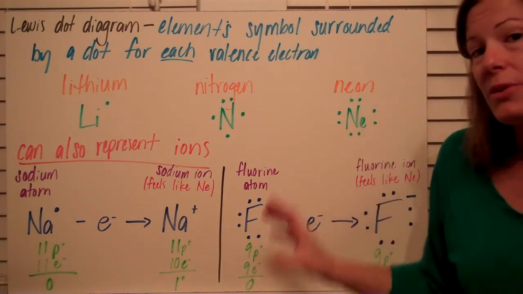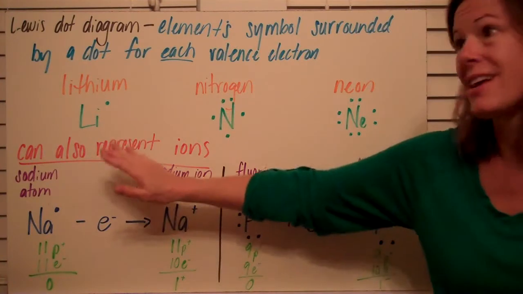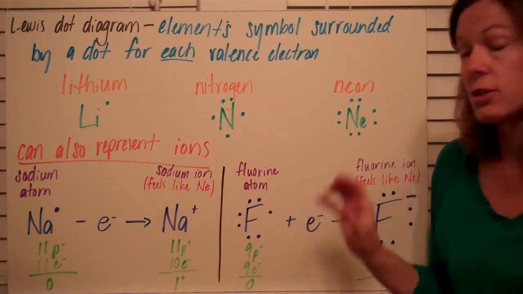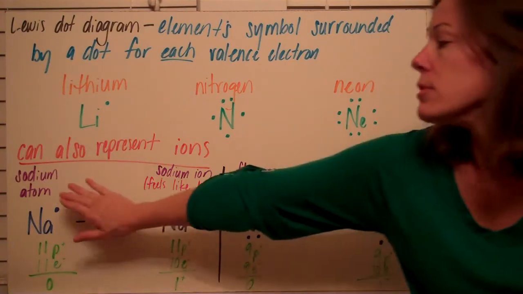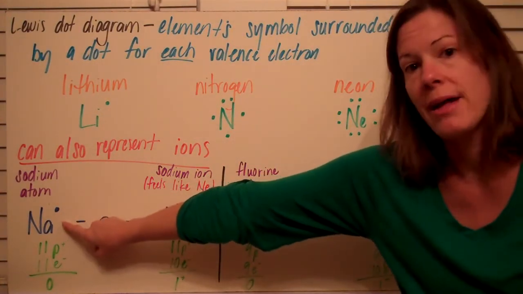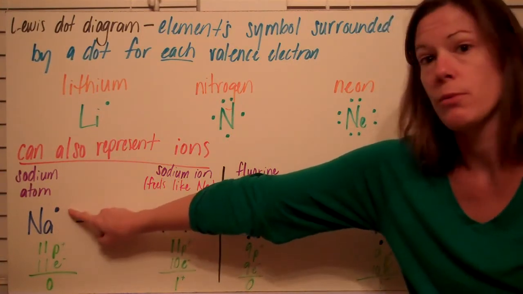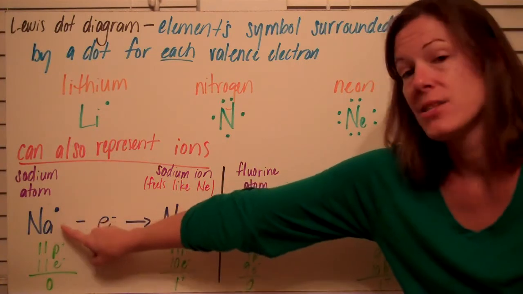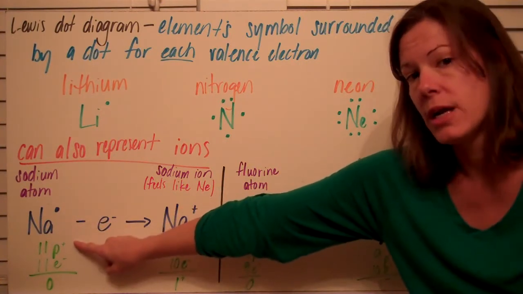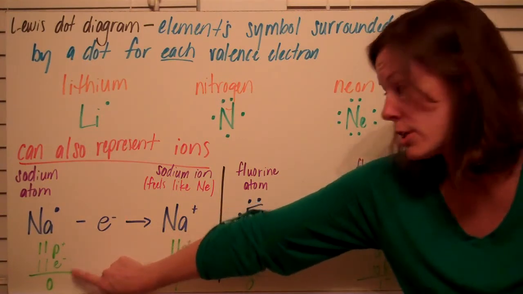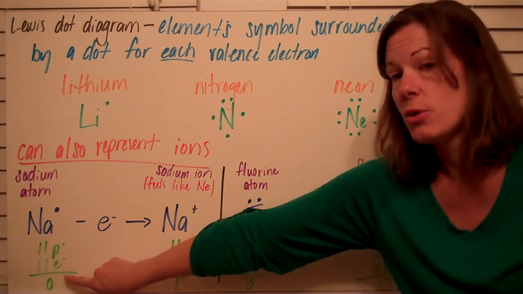You can also use Lewis dot diagrams to represent ions. Remember, ions are atoms that have either gained or lost electrons, so they have a charge. So if we were going to do a sodium atom, it would look like this: Na with 1 dot, because sodium has 1 valence electron. That sodium atom would have 11 protons, which are positively charged, and 11 electrons, which are negatively charged, so it would have no charge at all.